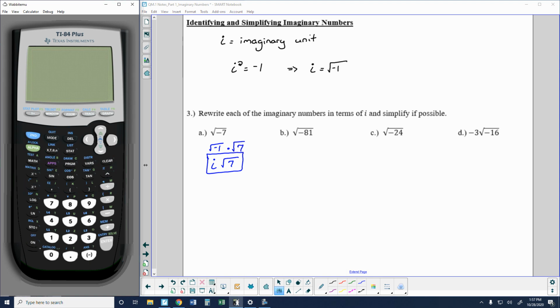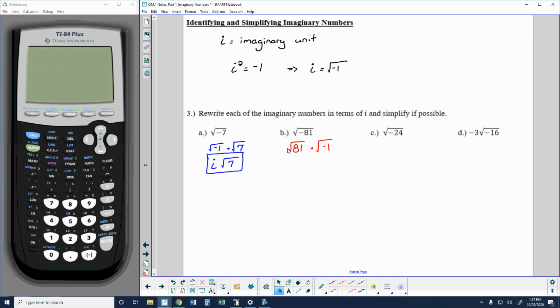In B, I had the square root of -81. So again, I can break this apart. Let's do the square root of +81 times the square root of -1. So remember, square roots can be broken apart so that their inside values, the radicands, multiply to one another.